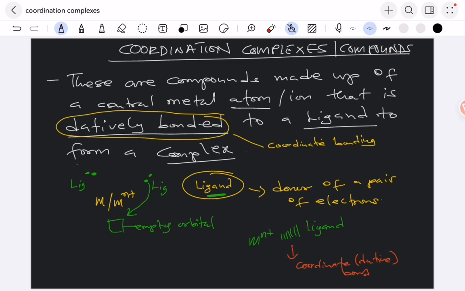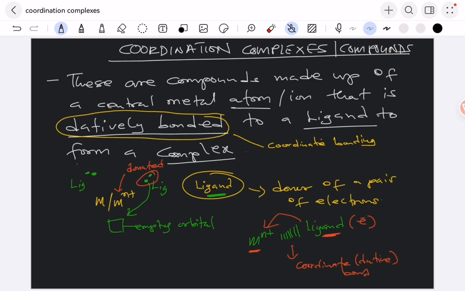This is a bond where a pair of electrons comes from a ligand and is donated to a metal ion. In coordination complexes, we will see this type of bonding where both electrons are donated by a ligand to a metal, and then they form what we call a complex.